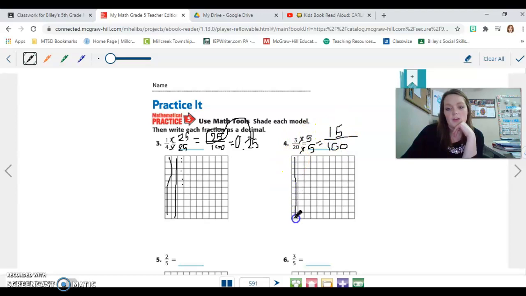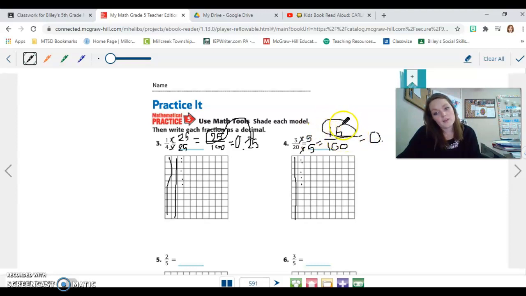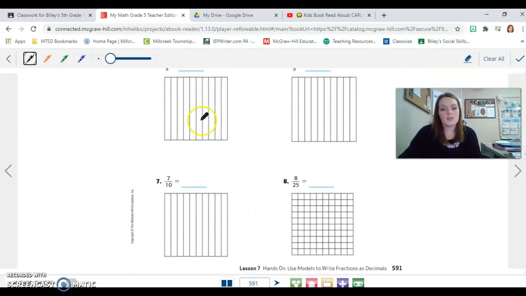Shade in 15 hundredths. And I can write my decimal. I'm going to write a 0, a decimal, and I'm going to carry that 15 all the way over. So I have 15 hundredths as my final answer. Okay, I would like you to do numbers 5, 6, 7, and 8 independently.